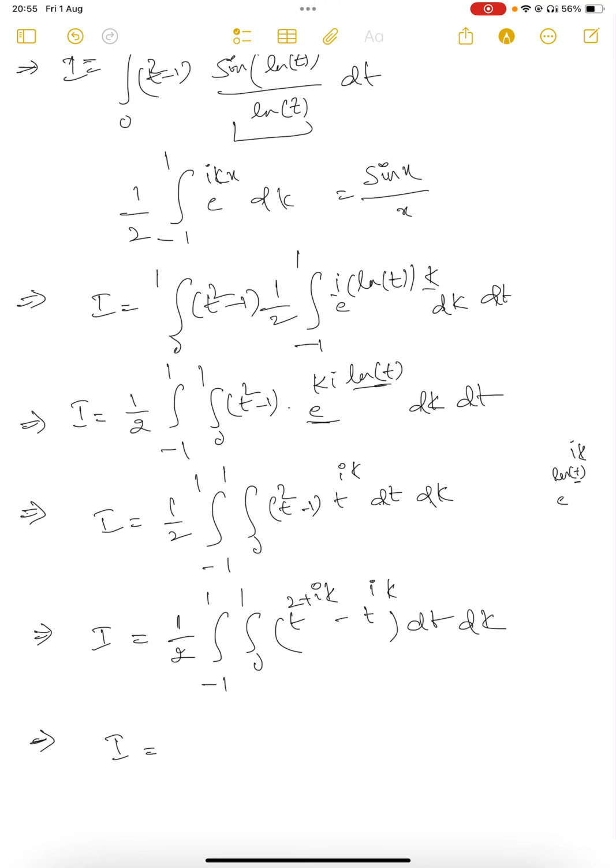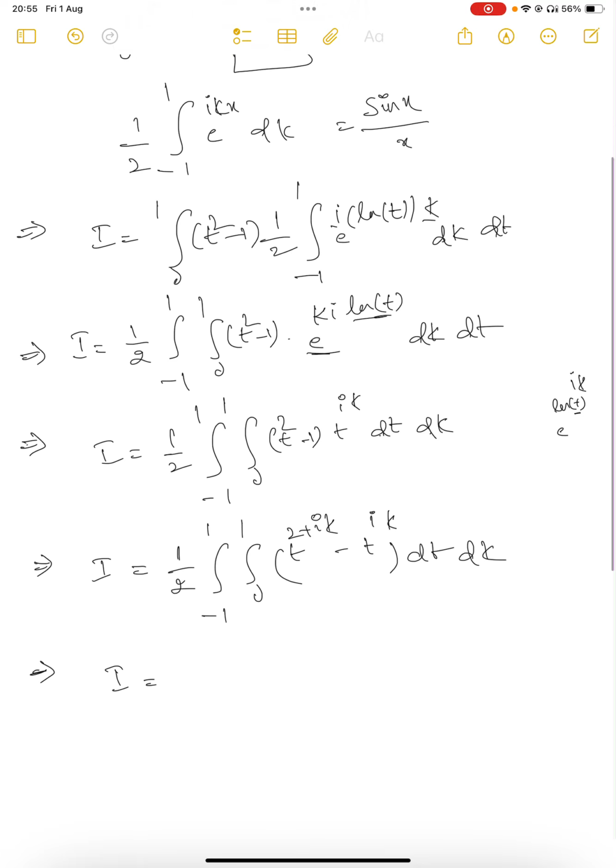But plus I equal to half of the integral of t power 2 plus ik, right? Minus 1 to, just a minute. Then this will be t power n, right?